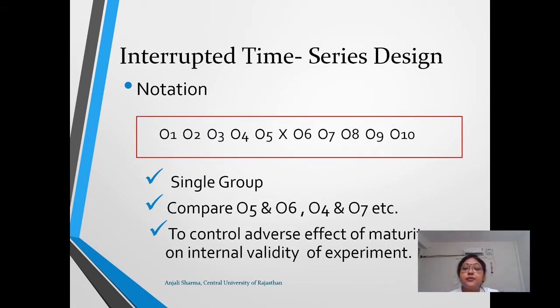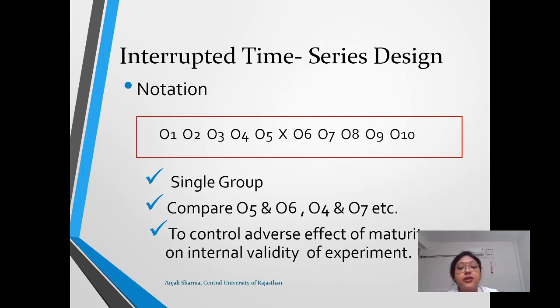Interrupted time series design: interrupted means we are going with the time series, but after certain intervals. Because this design ignores random assignment, we are not using the R symbol here. All the designs are non-experimental, so we ignore randomization and just focus on the testing and the intervention.